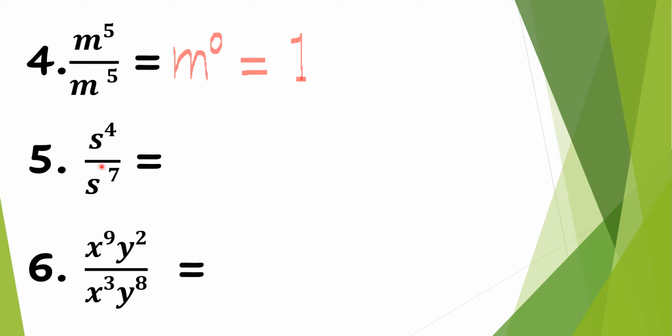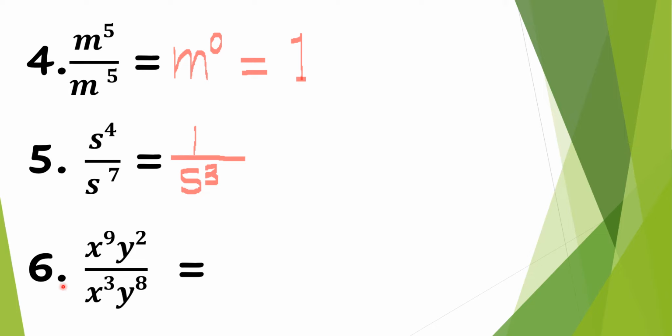Okay, lalagyan natin siya ng 1. Kaya magiging sagot natin is 1 over s. Then, minus natin 7 minus 4 is 3. Okay, so ang sagot natin is 1 over s raised to 3. Kasi nga, bawal po ang may exponent na negative.